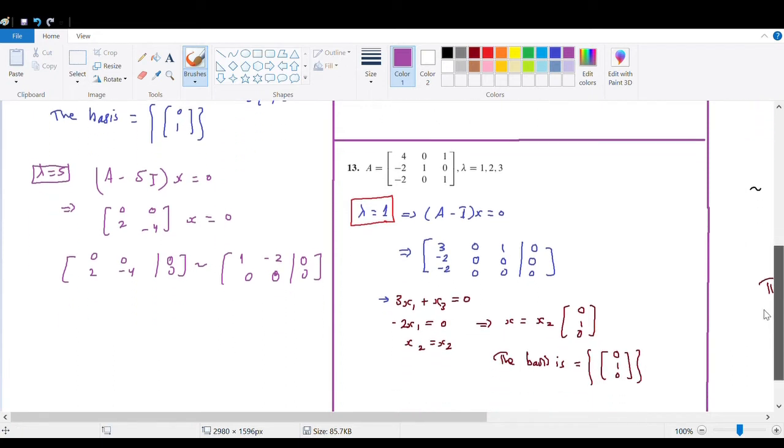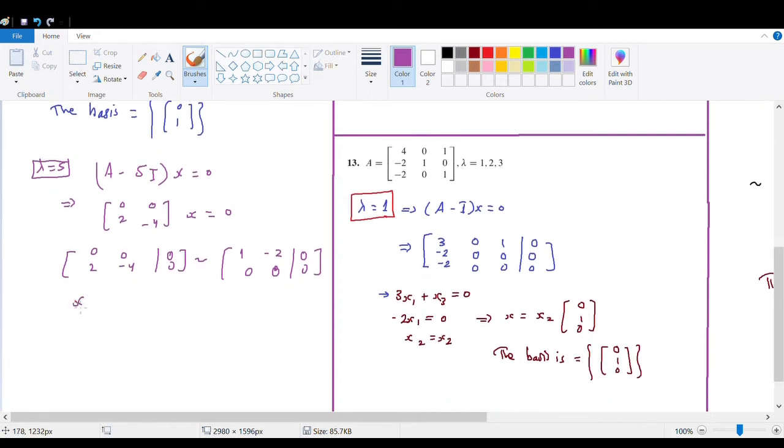So from here, if we write this in general form, x1 is equal to 2 x2, and x2 is a free variable, so it is equal to x2. So this is of the form x2 multiplied by 2, 1. So the basis is this vector, 2, 1.